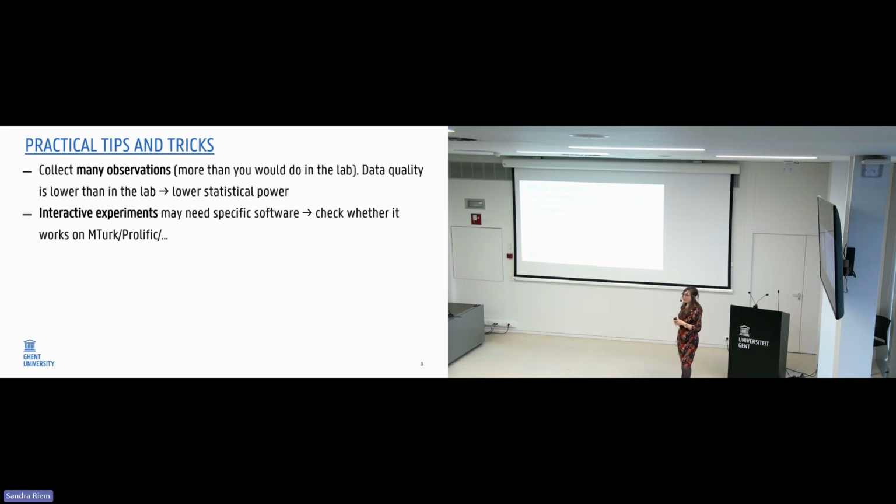If you want to run an interactive experiment, so let's say you have a superior and a subordinate, or a buyer and a supplier, and they need to interact, in a lab we can easily do that. But on the internet, it's harder, and especially when you need specific software, you need to make sure that it is supported by the platform which you are using.